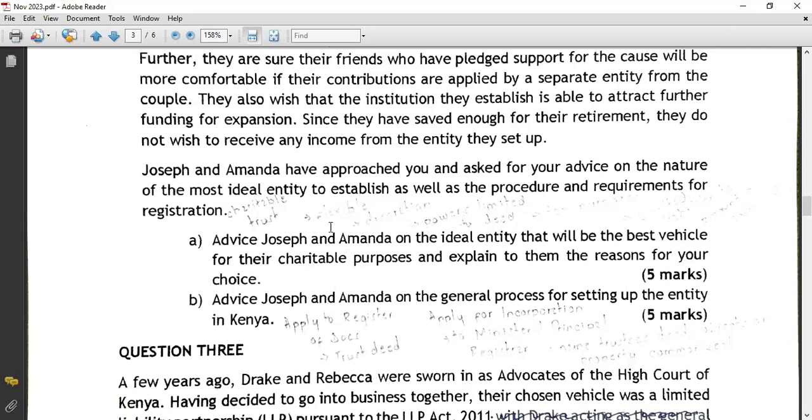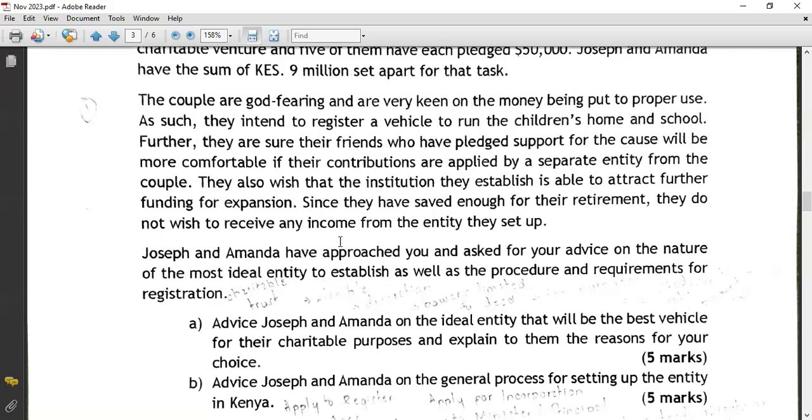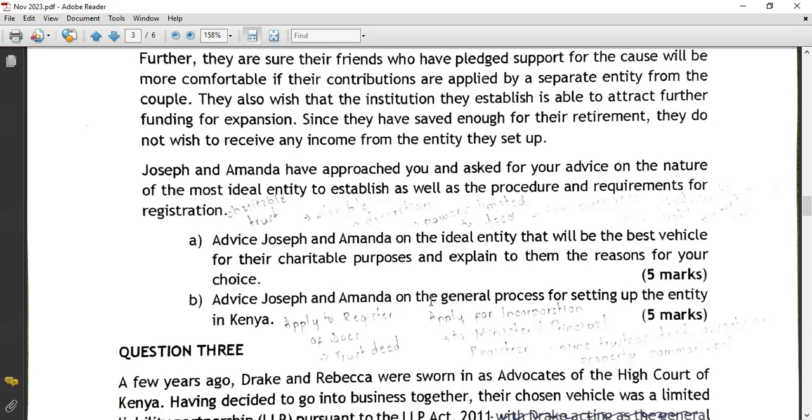But if you are to go with a guarantee, what would be the benefits or the reasons for your choice? Explain the reason for your choice. What would be the reasons why one would pick by guarantee? First of all, there is a separate legal entity.